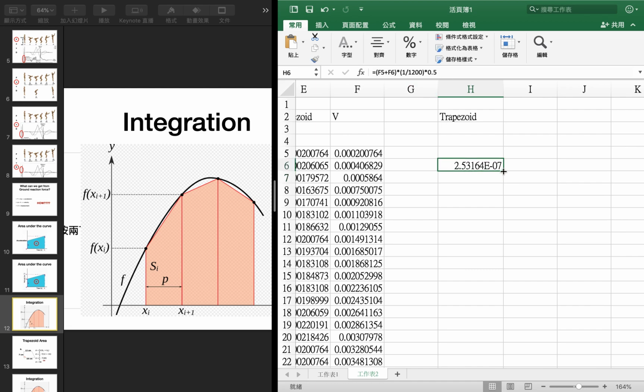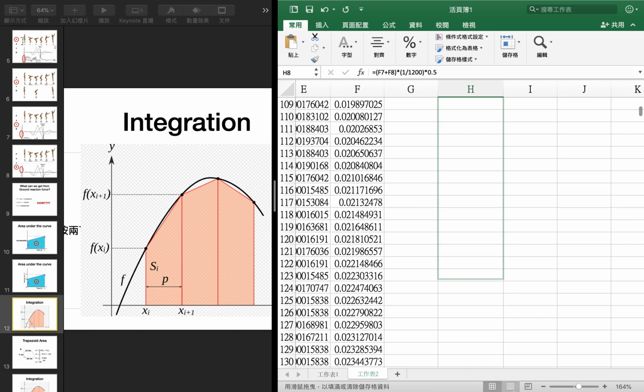Okay, and you drag it down here. I don't know why I cannot do it. F5, F6, F6, F7, and F7, F8. Okay. I need to drag it down again.